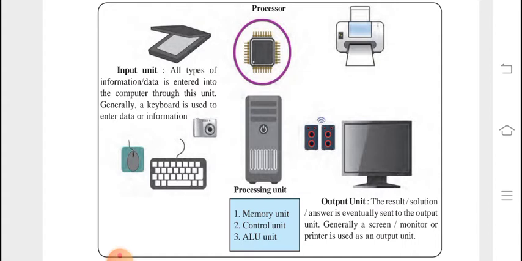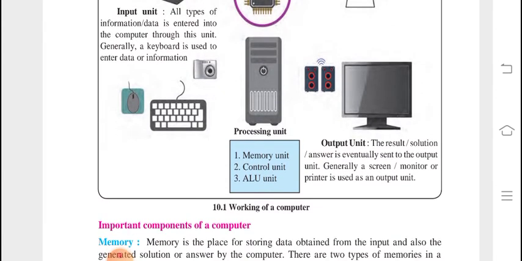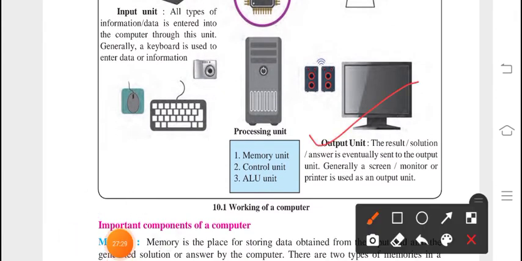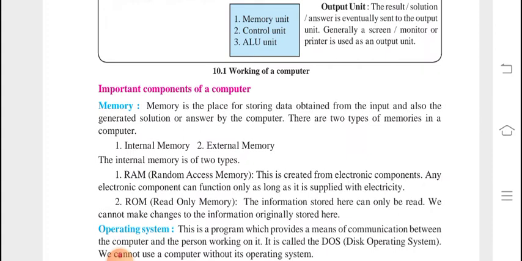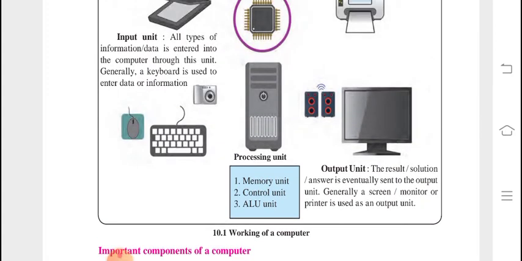The result, solution, or answer is eventually sent to the output unit, generally a screen or monitor. A printer is used as an output unit. We can take the data out in hard copies, on paper itself. So these are the many parts of the working of a computer.